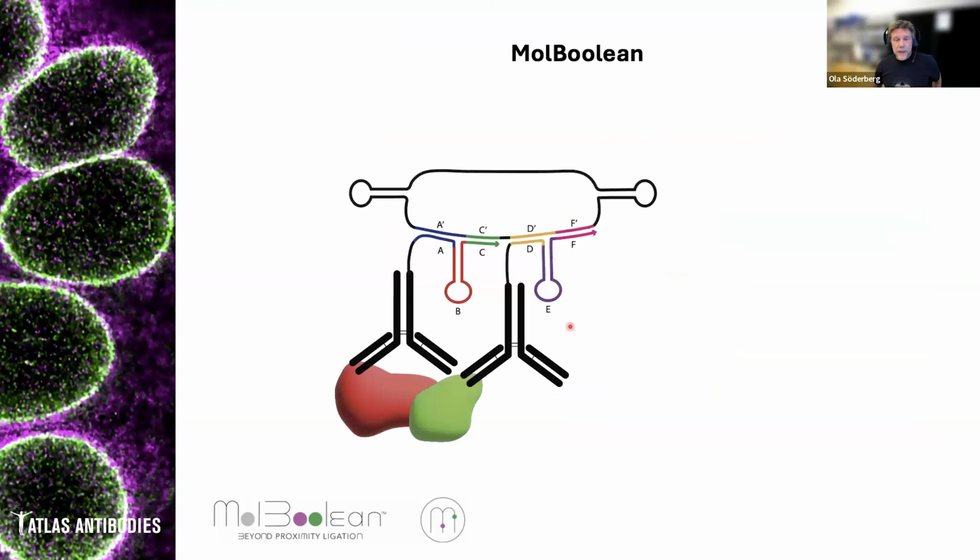So the method is based on oligonucleotides that are attached to antibodies, similar to in situ PLA. But in this case, we hybridize a preformed DNA circle to these oligonucleotides. The oligonucleotides that are attached to the antibodies consist of a hairpin structure and a loop.